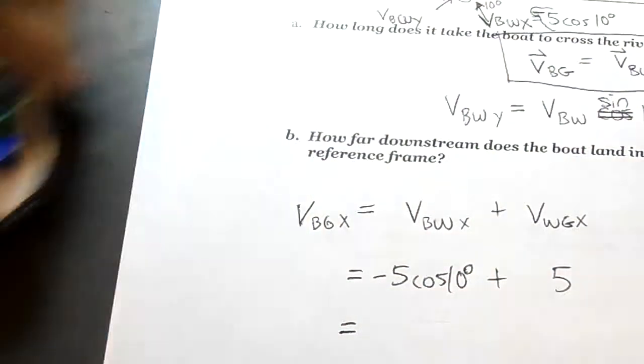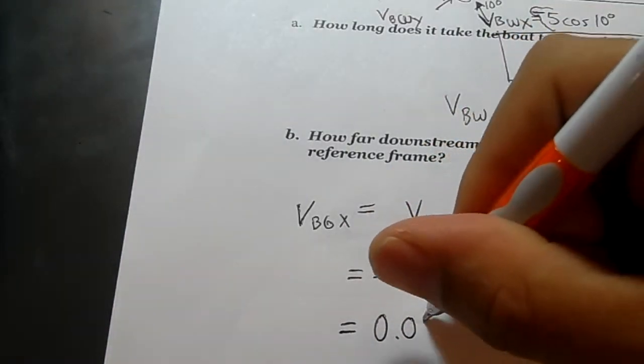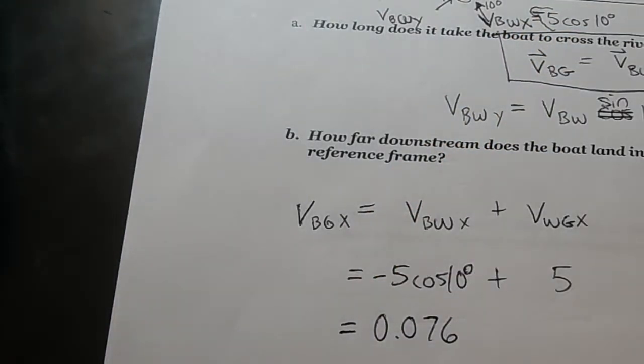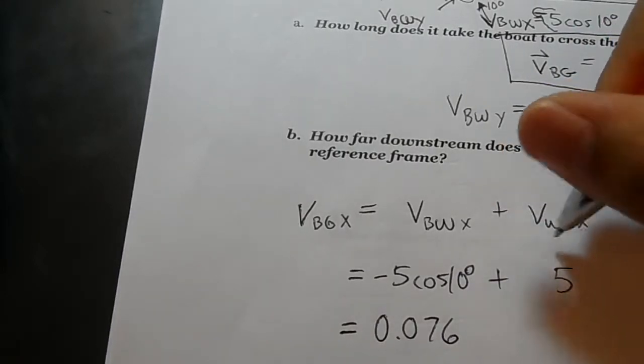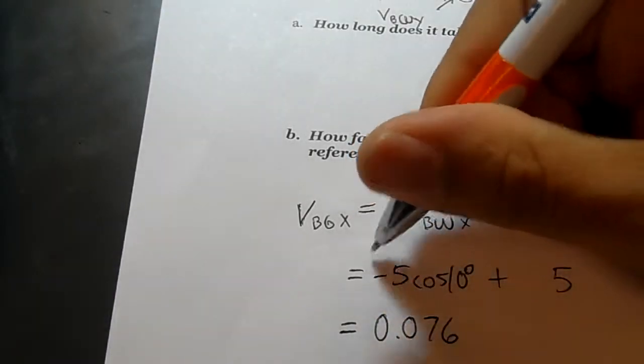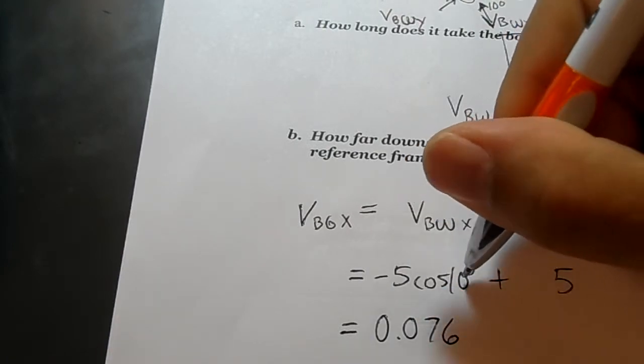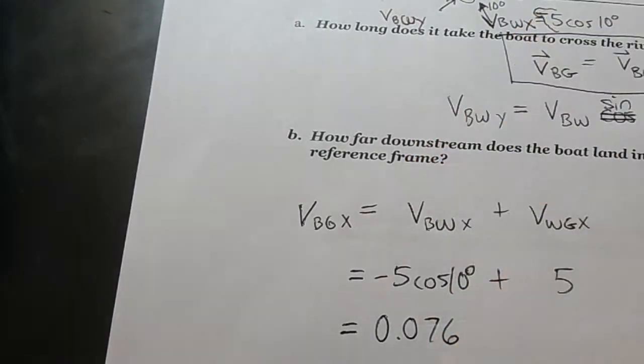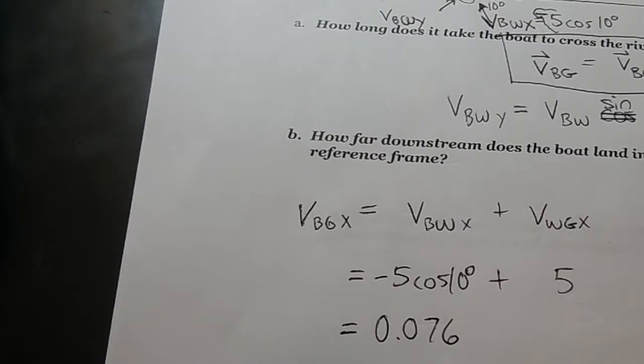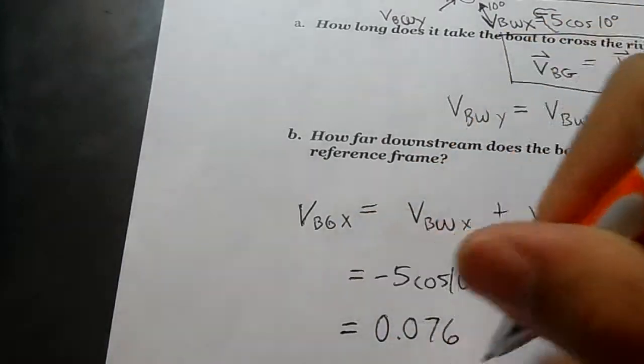Don't know if you can see that, but 0.076. Now that seems like a small answer, but it makes sense. I mean, you're adding something to 5, and you're adding a negative 5 times cosine of 10. Well, cosine of 10 will be close to 1, since cosine of 0 is 1. So negative 5 cosine 10 is close to negative 5. So it makes sense that this is small, and it's a positive number.